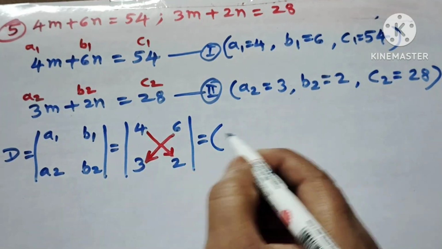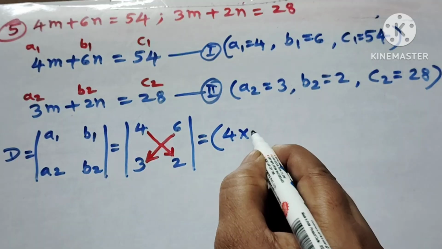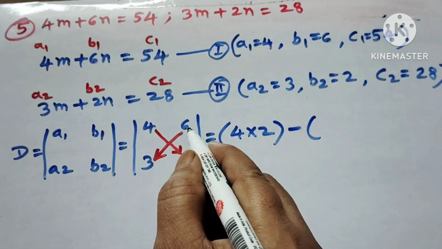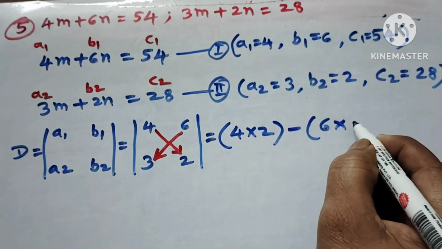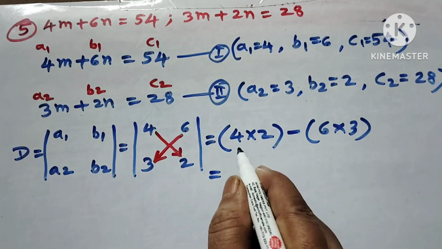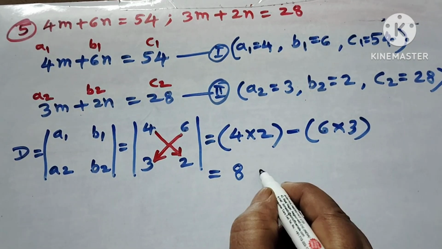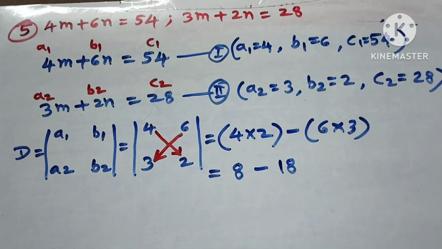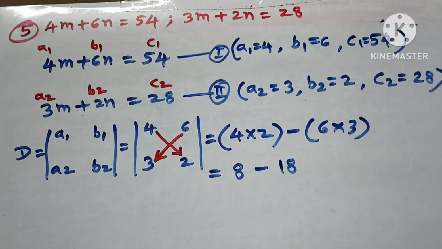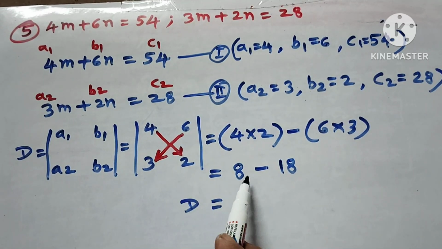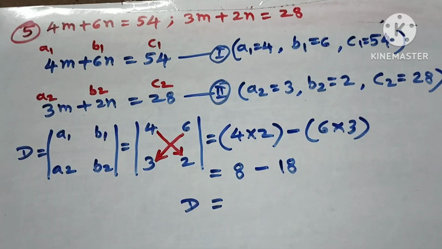In bracket 4 multiplied by 2, minus in bracket 6 multiplied by 3 is equal to 8 minus 18. d is equal to plus 8 minus 18, opposite sign, then subtraction.